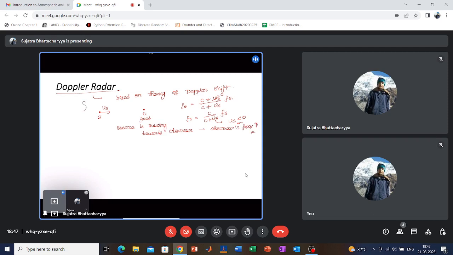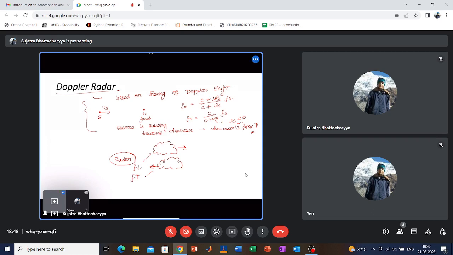So based on the Doppler shift, if suppose there is a cloud and this is the radar, and it is moving away, then you can see that the frequency will decrease here. If it is moving in the direction of the radar, then you can find that the frequency will increase.